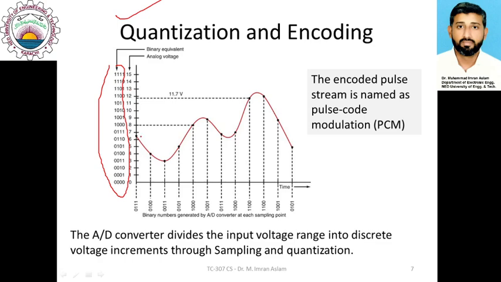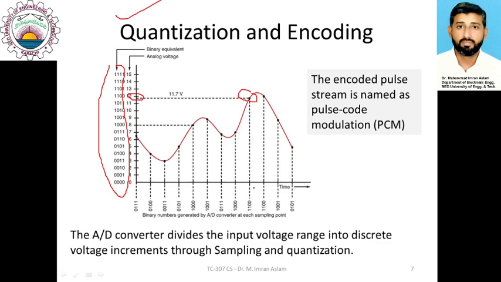So you can see that corresponding to each sampled value after the quantization process, we will be getting a specific number of binary digits for each sample. For example, this one can be rounded off to the 12th voltage level.